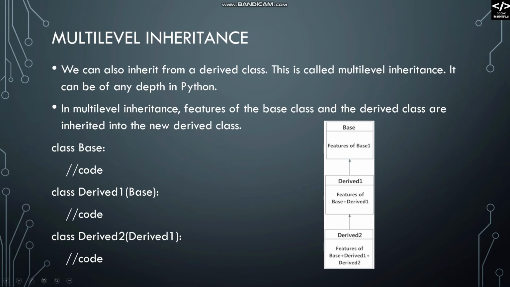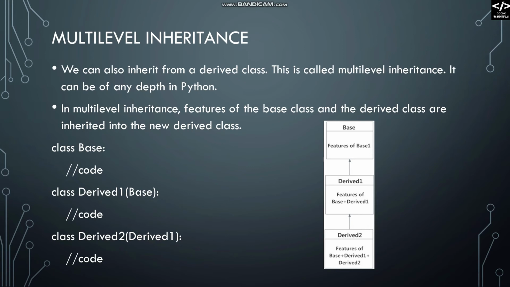As you see in the picture, first comes the base class, then the first derived class. The first derived class has all the features of base and its own features, and the second derived class will have features of base, derived one, and itself. So this is known as multi-level inheritance.